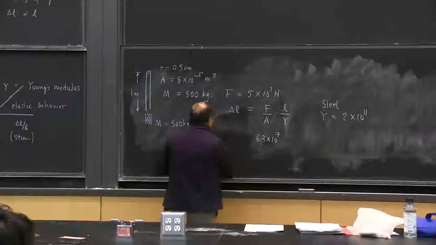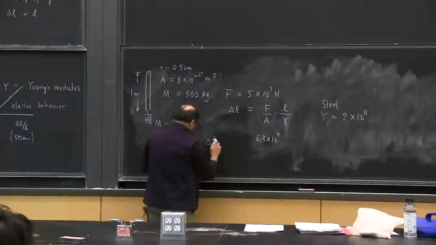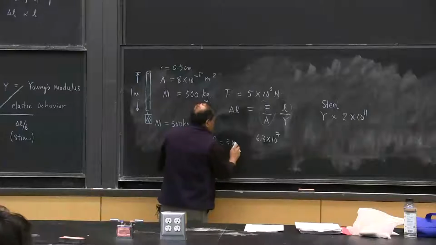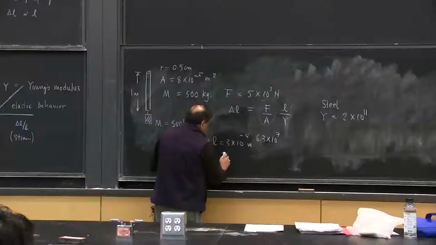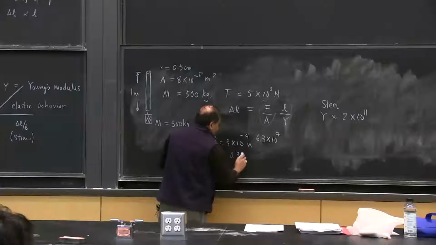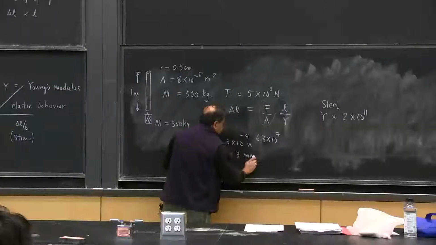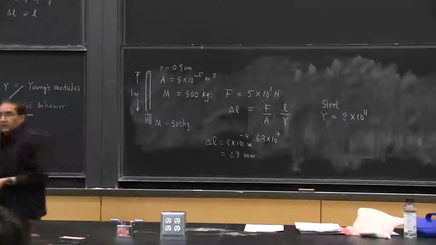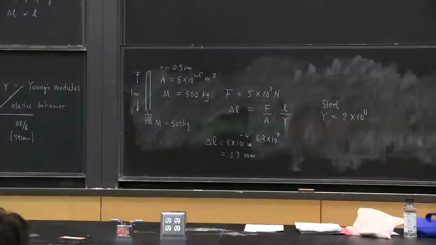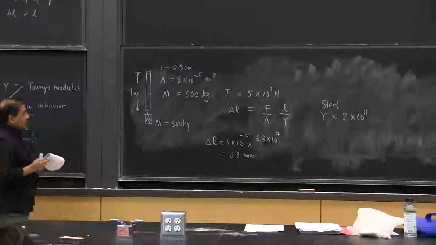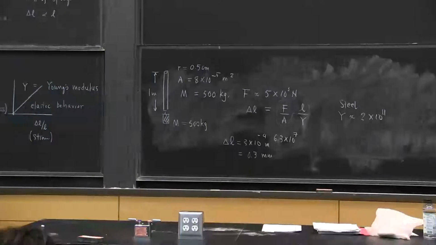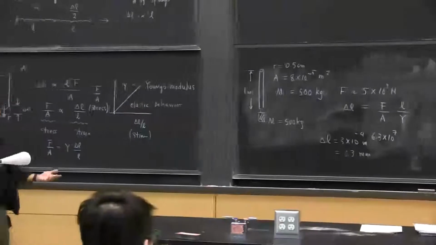That translates to a delta L of 3 times 10 to the minus 4 meters, or 0.3 millimeter. So as you can see, for a stainless steel wire, if you're putting in a 500 kilogram mass, which is obviously a very heavy mass, I wouldn't want to lug a 500 kilogram mass, the actual stretch this wire would suffer in terms of elongation is 0.3 millimeters. So that's very tiny.